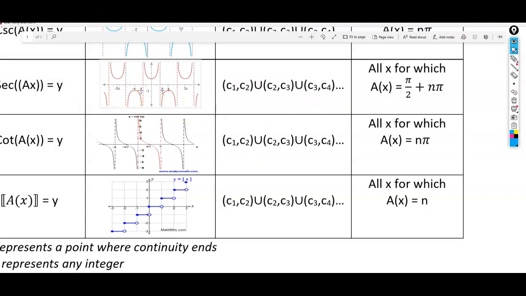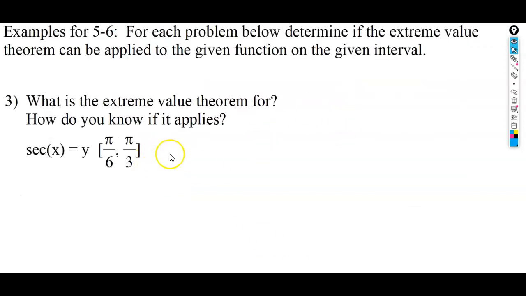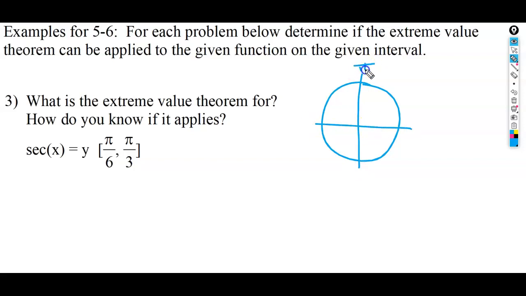So thinking of that then in terms of a unit circle, right? We know pi over 2 is up here. If you add pi to that, that puts you down here. So basically, anytime you're on the y-axis, you end up with a discontinuity for secant. Okay, now look at our interval though.